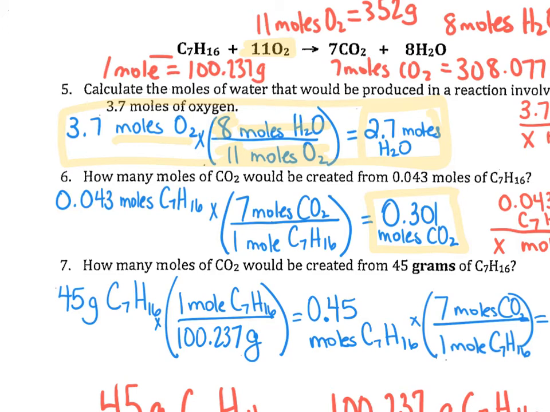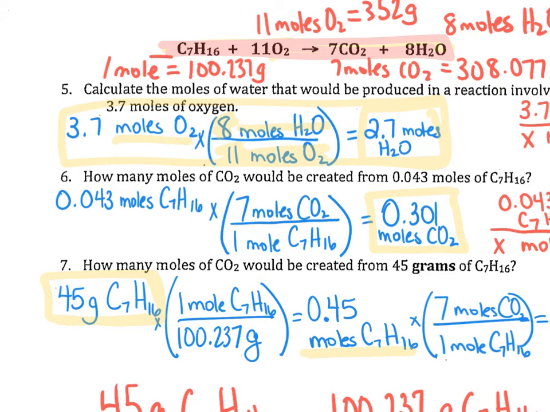We're starting with grams of C7H16. But the thing we have to remember is that the equation that we have up here, that's our recipe, is telling us mole-to-mole ratios. It's telling us how many moles of each material we need and how many moles are going to be produced. So my first step, I actually have to take that 45 grams of C7H16 and convert it to moles so that I'm able to actually use this equation up here and use that mole to mole ratio.